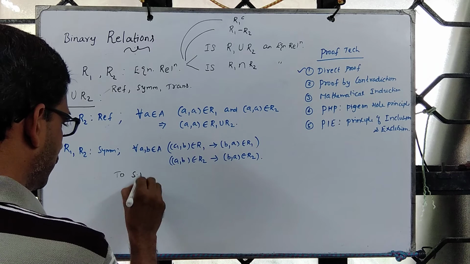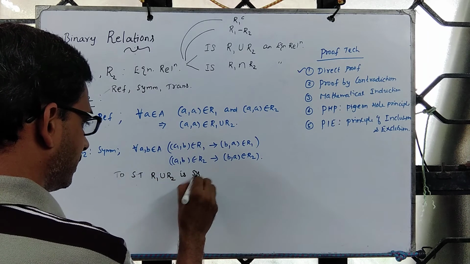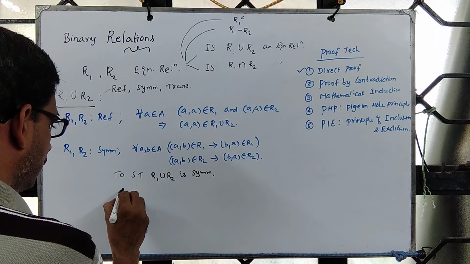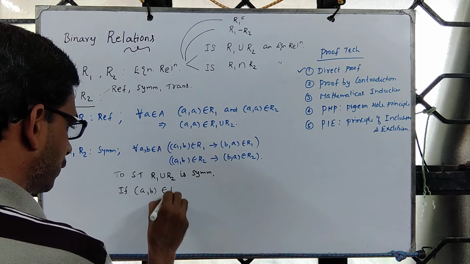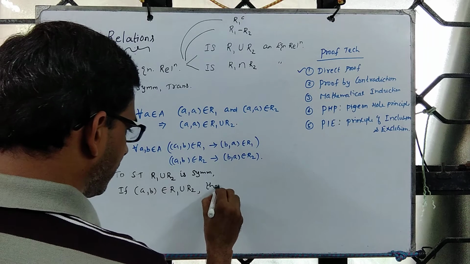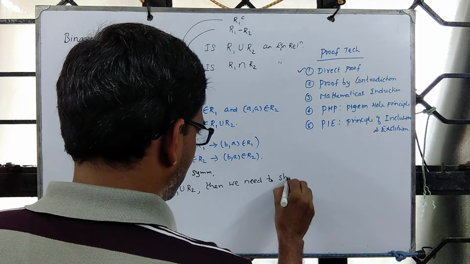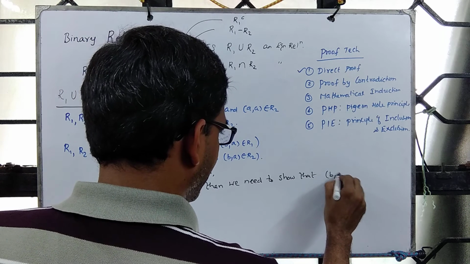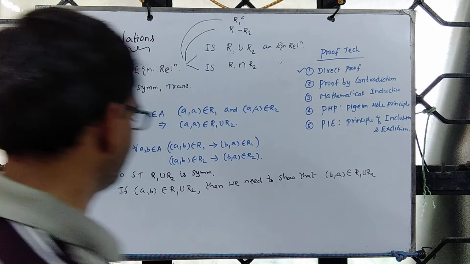So what are we supposed to show? If (a,b) belongs to R1 union R2, then we need to show that (b,a) belongs to R1 union R2.